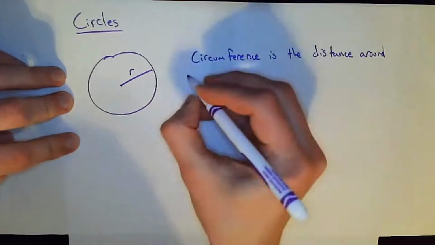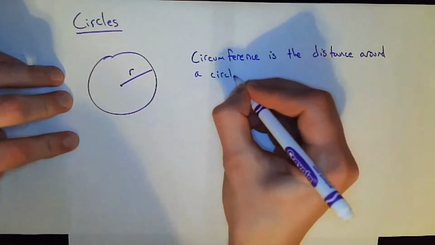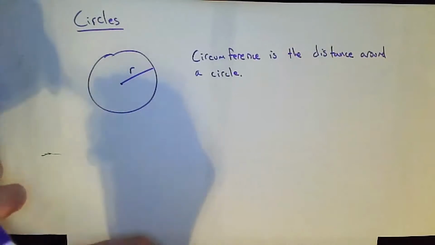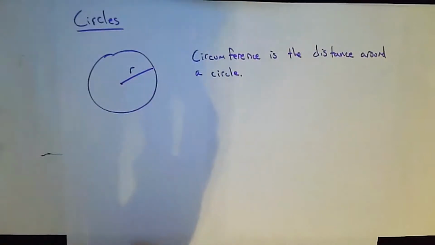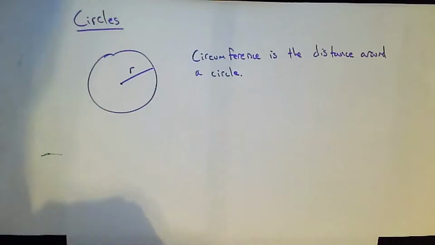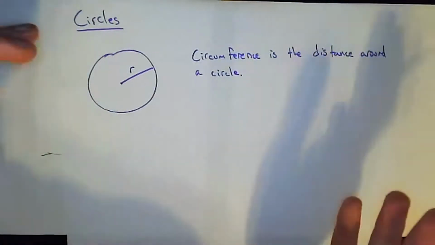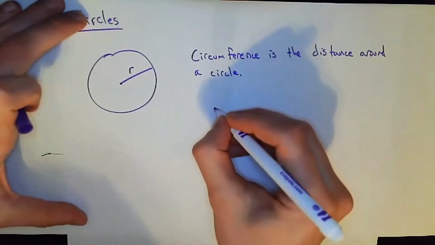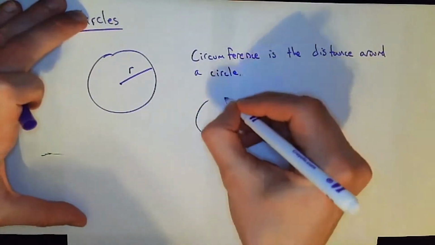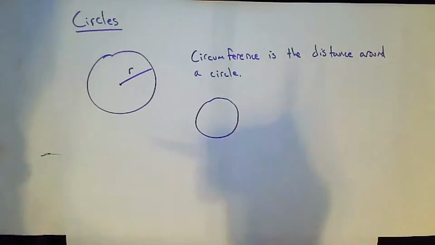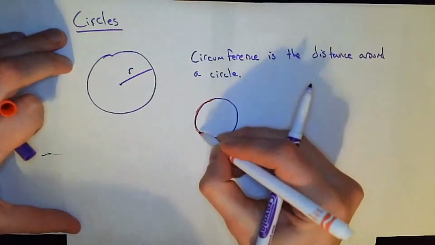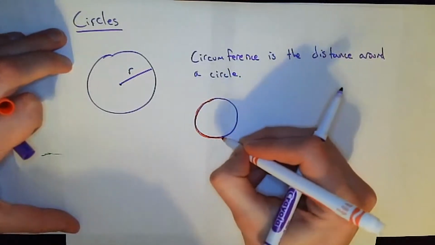Here's the way I like to describe it, and a lot of students seem to really like this description of it. Imagine you take a tire or some wheel, like a bicycle tire, and let's say you dip it in red paint, so it's all covered in red paint.